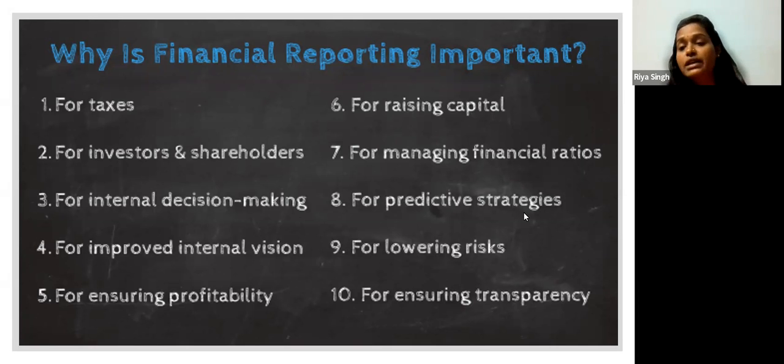Next is for lowering the risk and for ensuring the transparency. Here, transparency means how we will get to know that whatever profits you are making, is it correct or not? Whatever income you are incurring, is it correct or not?